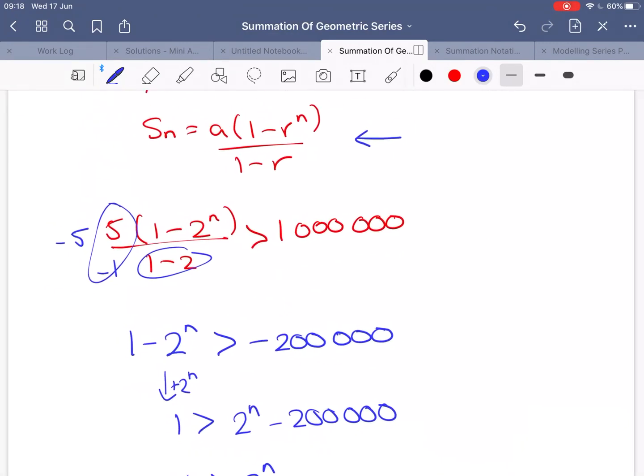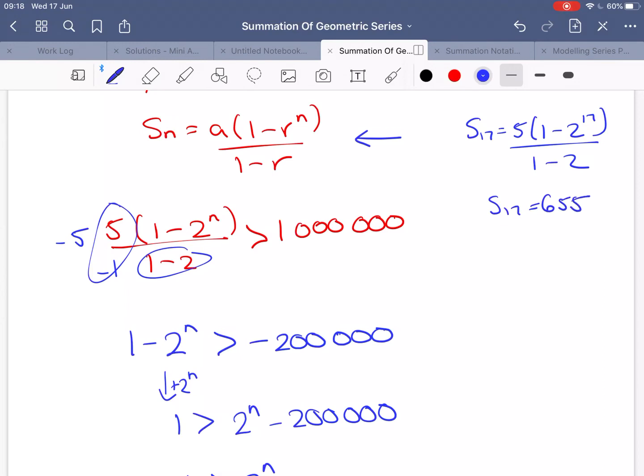Let's do S to the 17. So it's going to be 5 times 1 minus 2 to the 17 over 1 minus 2. I'm going to put it in my calculator: 5 brackets 1 minus 2 to the power 17 over 1 minus 2. Yeah, you see, I thought that was wrong.